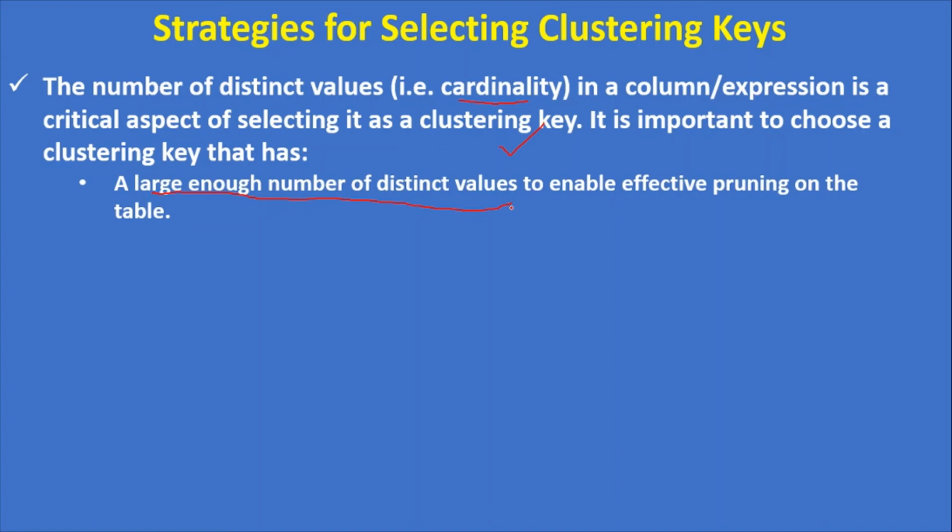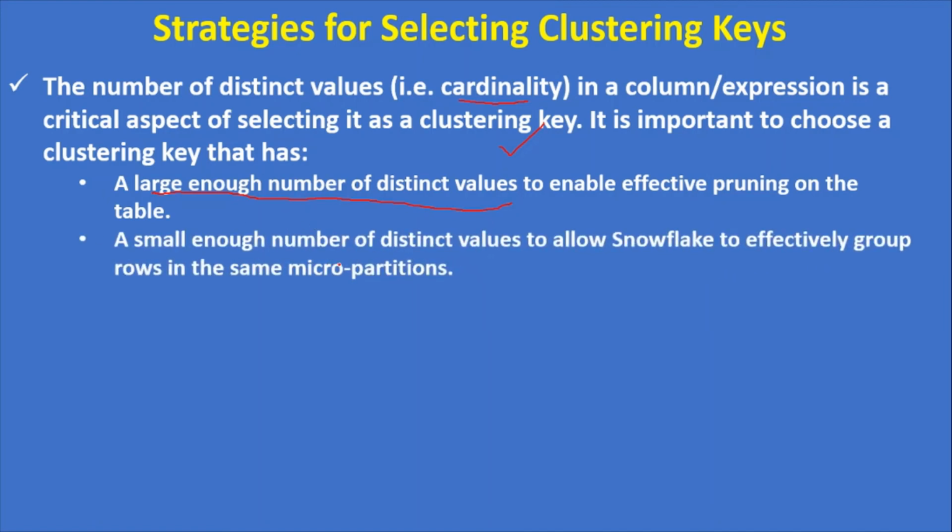State codes could be more than 10 or 20, a large number. So in that case, there are a large enough number of distinct values to enable effective pruning on the table. Pruning means eliminating data while scanning. Say there are 100 partitions. Out of 100 partitions, how many partitions are you going to read? It should be less than 10%, then that would be ideal.